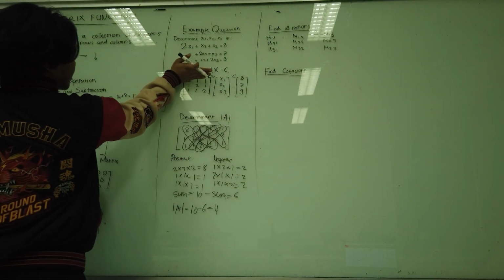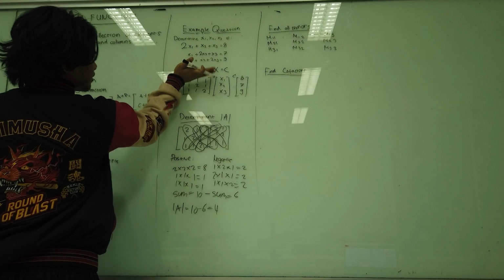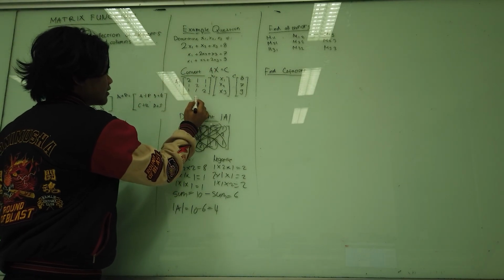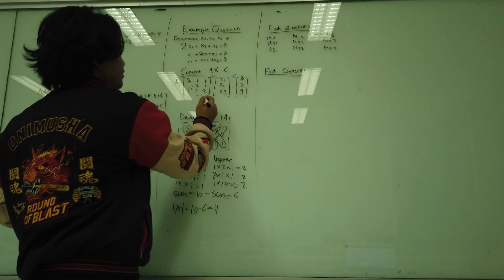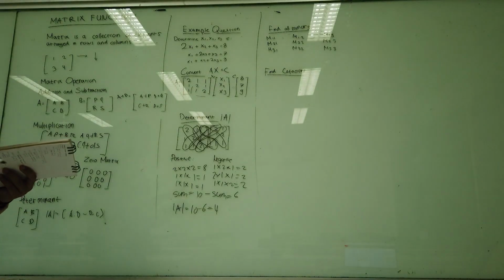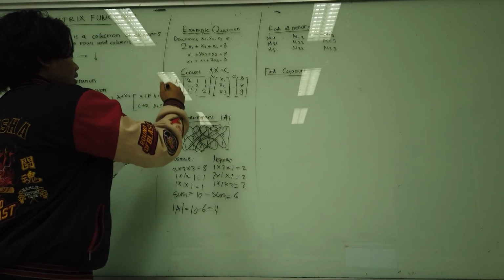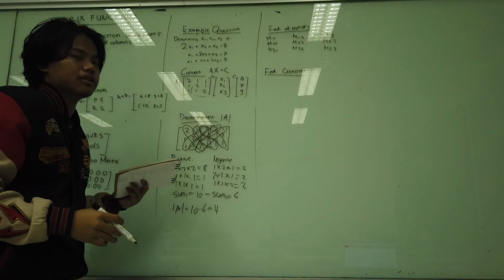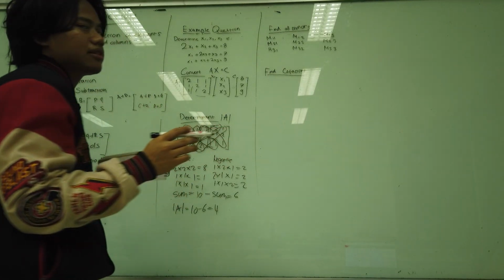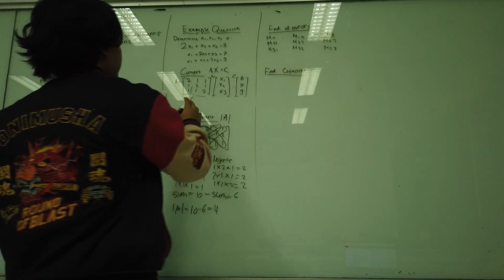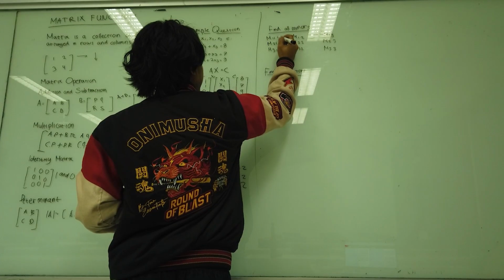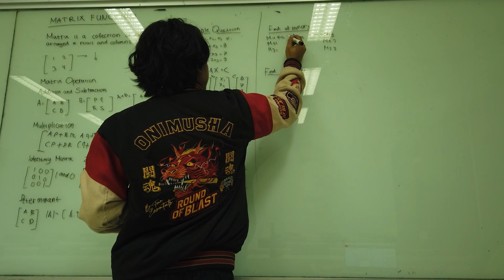We hide the first row and also the first column. What we get here is 2, 1, 1, 2. What we need to do next is multiply, similar to how we count the determinant. First we find the positive diagonal and the negative diagonal, and then we subtract. So 2 times 2 is 4, minus 1 equals 3.